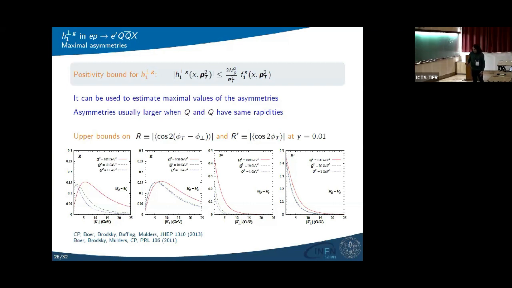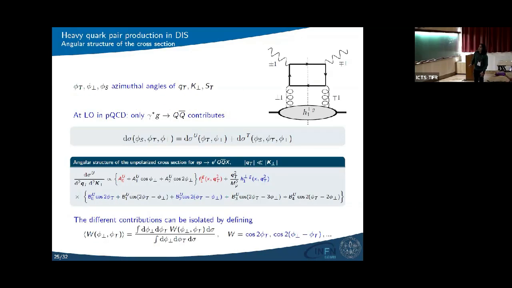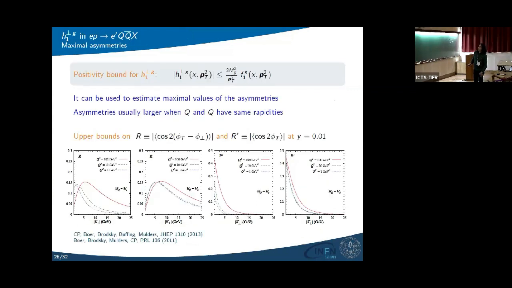And here, we did some very preliminary studies some time ago by looking at two different asymmetries, both of which are sensitive to h1 perp g. And these asymmetries are in principle measurable, okay?